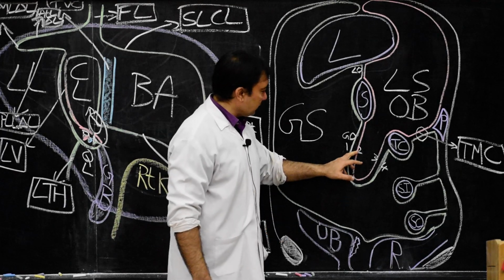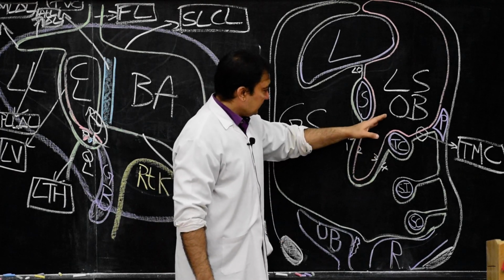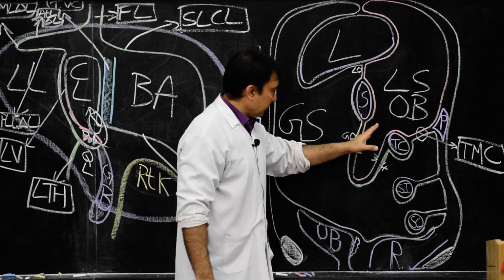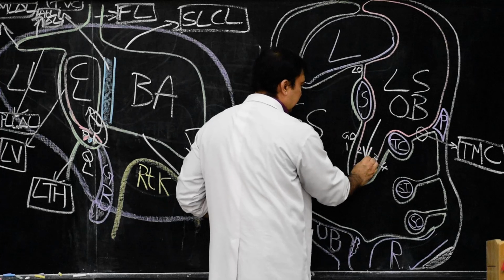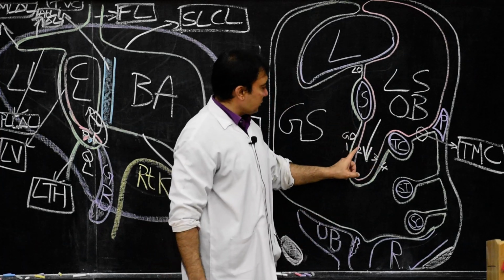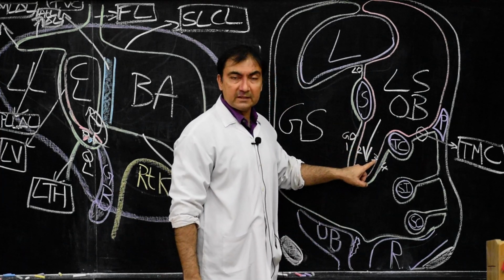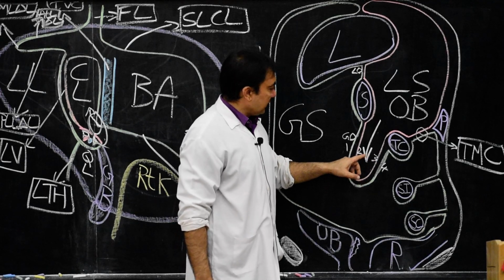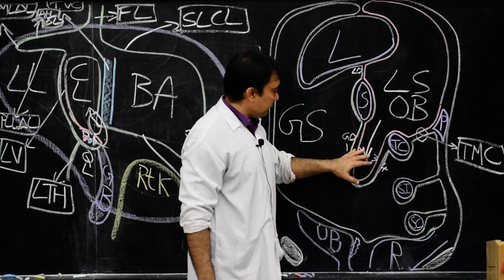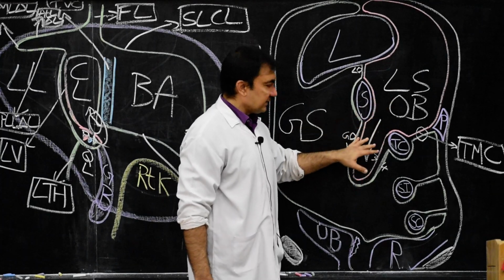After fusion, the cavity of this omental bursa will be obliterated in the inferior direction where I put an arrow. Because of the fusion of second and third layer of the greater omentum after puberty, there will be obliteration of the inferior recess of the lesser sac.